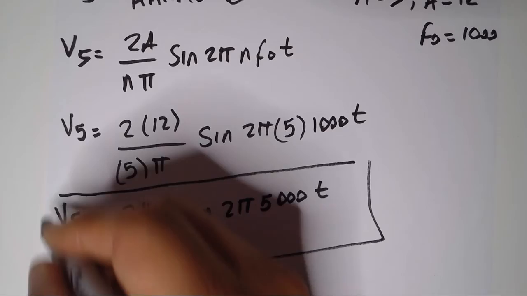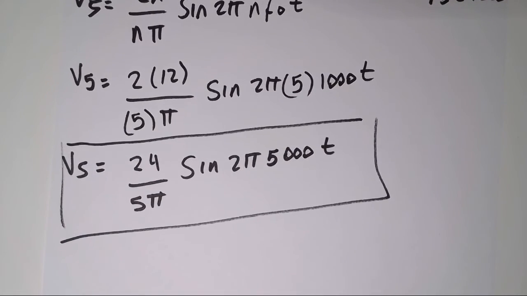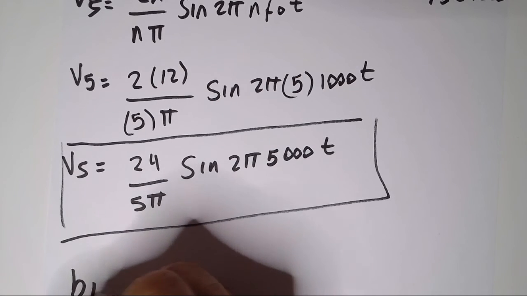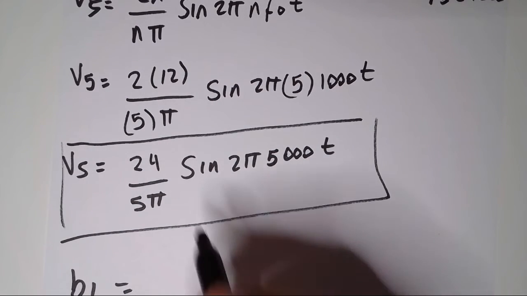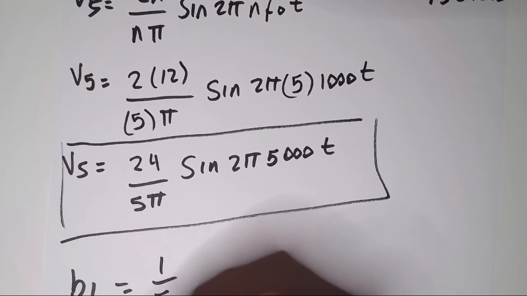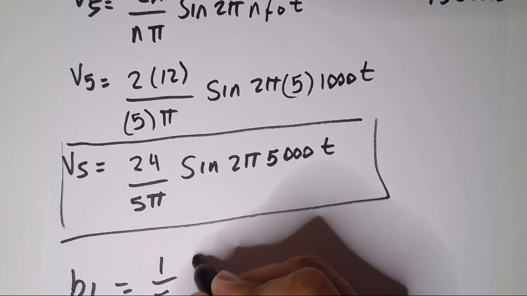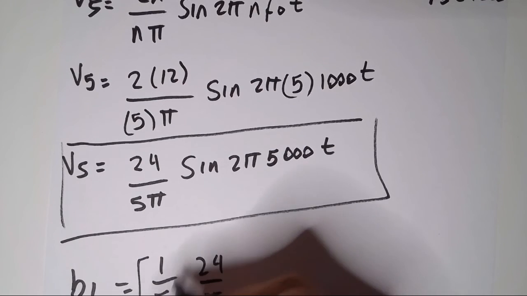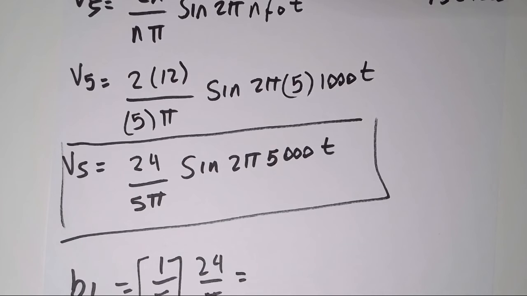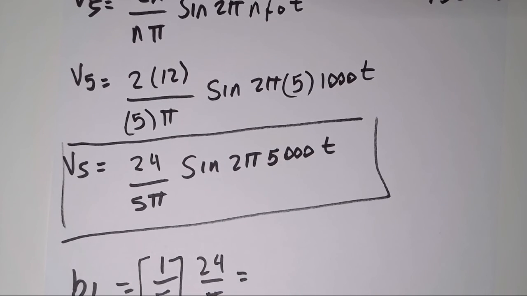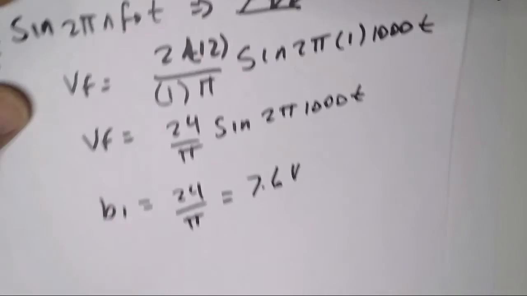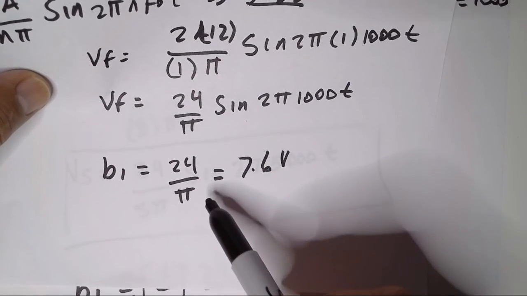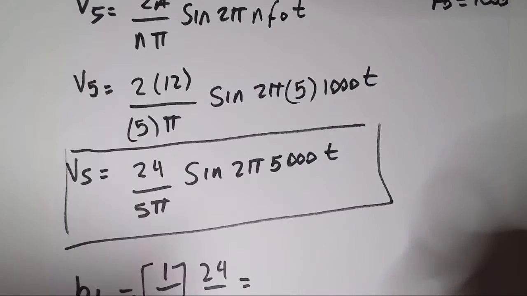But also we need to find the amplitude, the exact number. To do that, let's factor out 1/5. So we have 24 over pi. And previously, from the initial computation, we found out that 24 over pi is equal to 7.6.